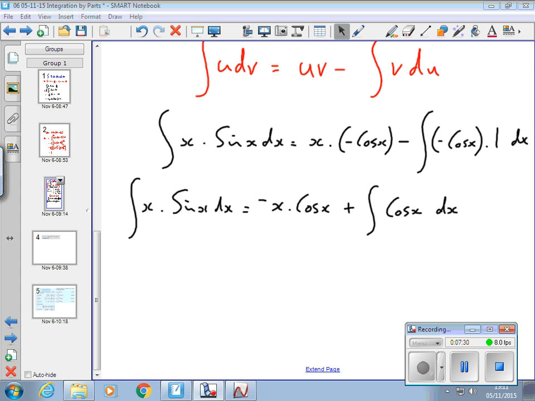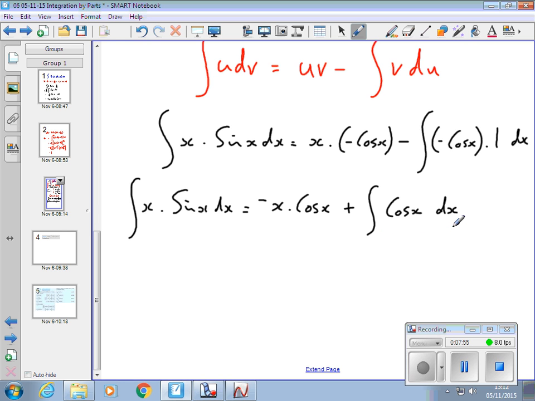And we now have a standard integral that we can look at our table of standard integrals and do. So what this rule has allowed me to do is replace this original integral here with a differential that I've done and another integral, but one now that we can do. That's a standard integral. The integral of cos x is sine x.